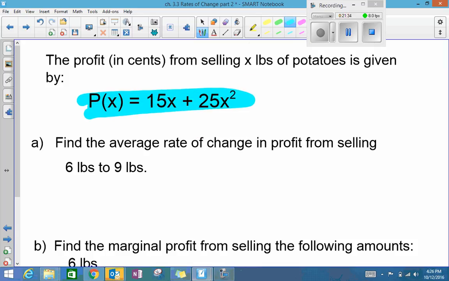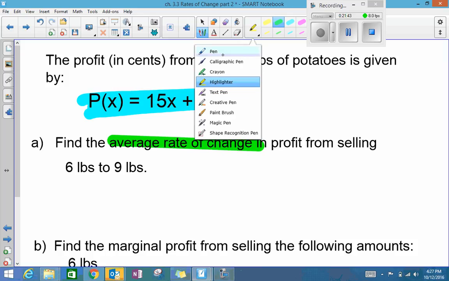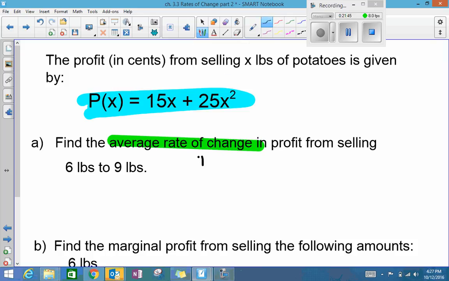So we want to find the average rate of change in profit from selling 6 to 9 pounds. So it's average rate of change. So first we're going to use the P of B minus P of A over B minus A. And we're going to let 6 be A and 9 be B, using our profit function.